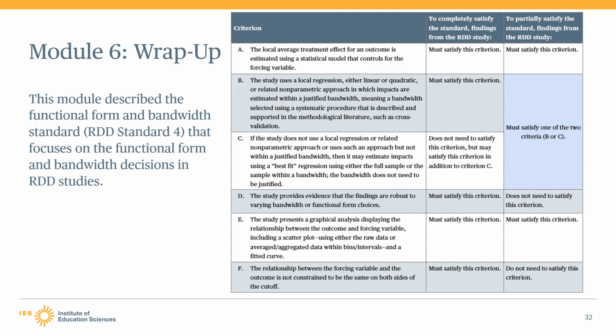To partially satisfy the standard, a study finding must satisfy 4A and 4E, and also must satisfy either 4B or 4C. Otherwise, an RDD study would not satisfy the Functional Form and Bandwidth Standard.